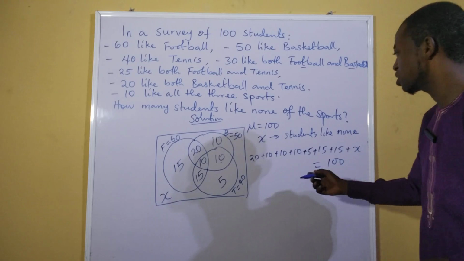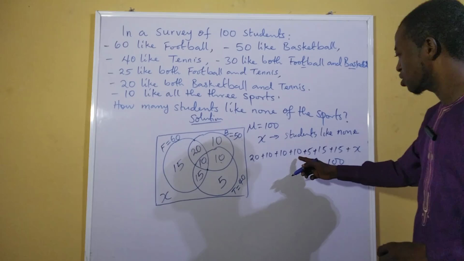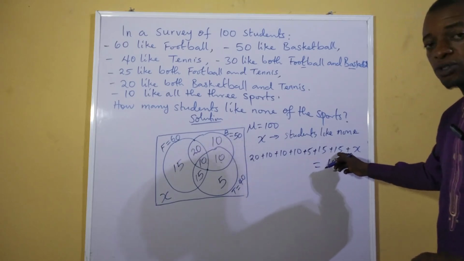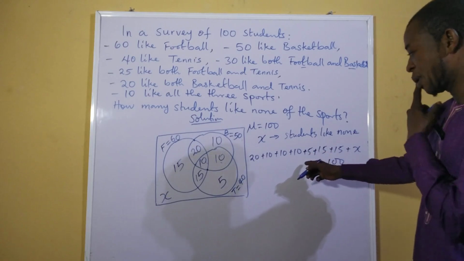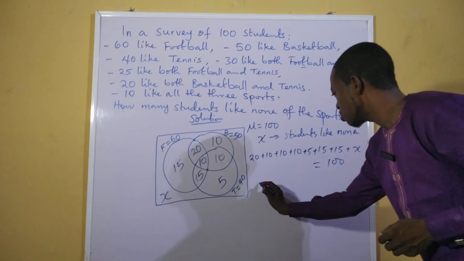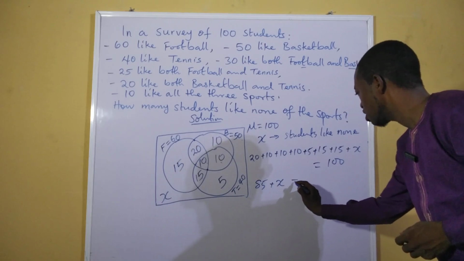So just add here: 20 plus 10 is 30, plus 10 is 40, plus 10 is 50. 15 plus 15 is 30. 30 plus 50 is 80, plus 5 is 85. So we have 85 plus X equals 100.